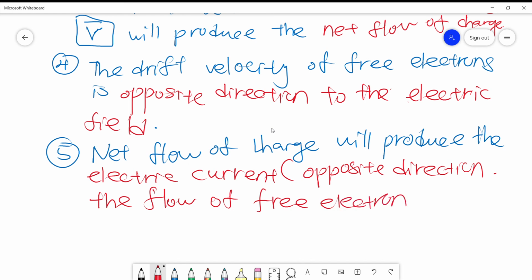So it means that the electric current is in the direction of the electric field, which is also opposite in direction to the flow of free electrons.